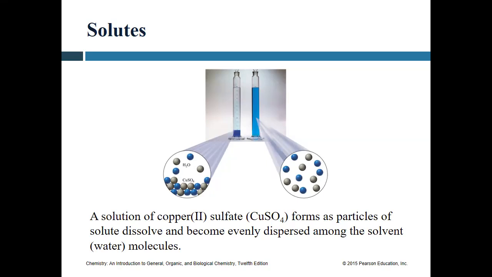If we just let it sit there long enough, the water molecules will start to separate the copper and the sulfate ions from each other and distribute them throughout the liquid. And this happens completely on its own. It doesn't require anything from us, but obviously if we shook it up or stirred it, it would happen faster.